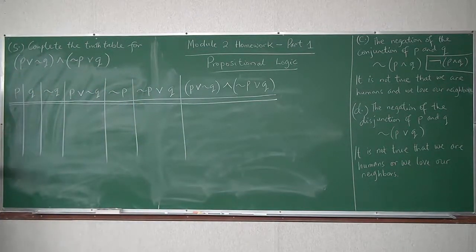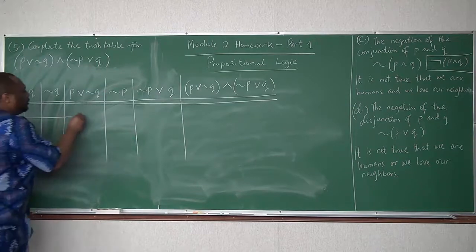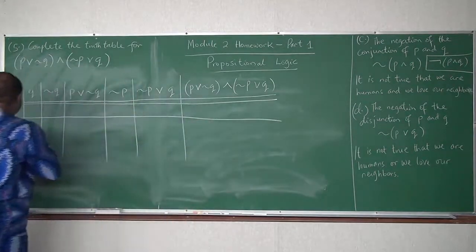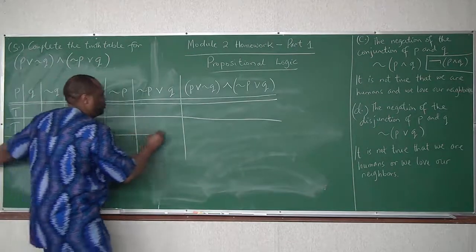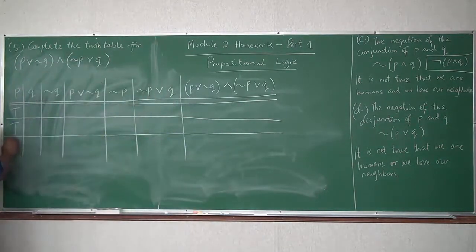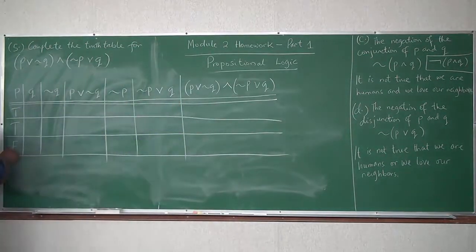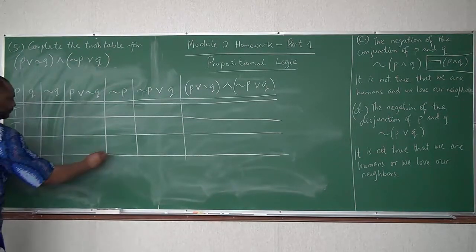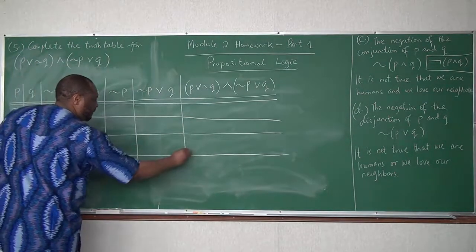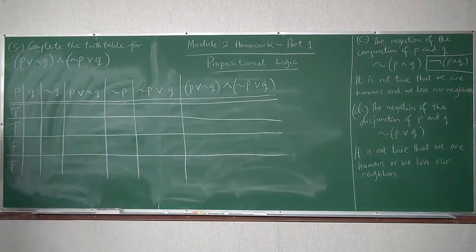So with two statements we have four possibilities. We have true, true, false, false, then true, false, true, false.